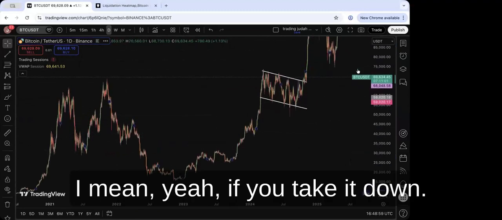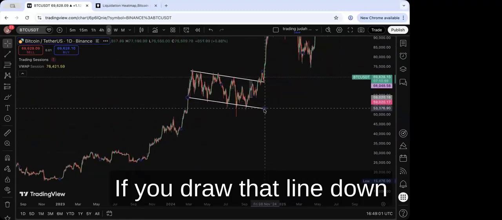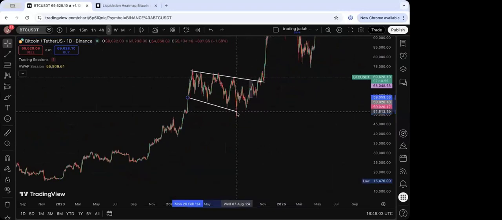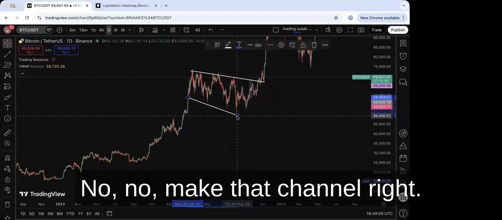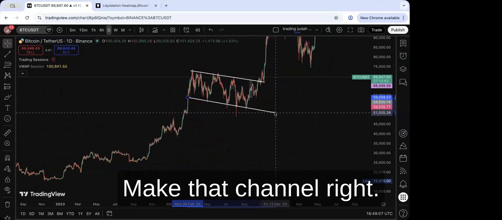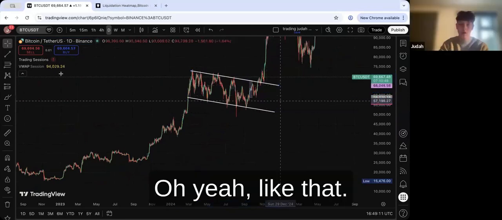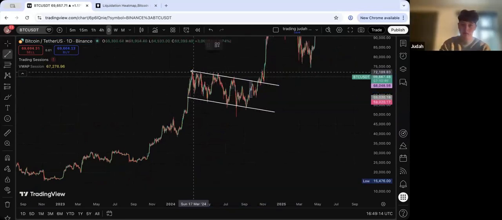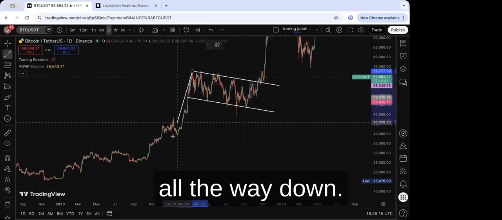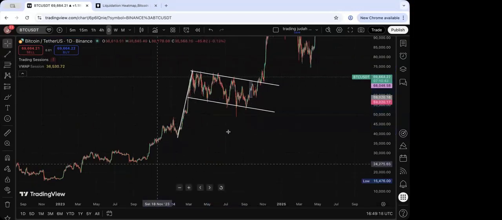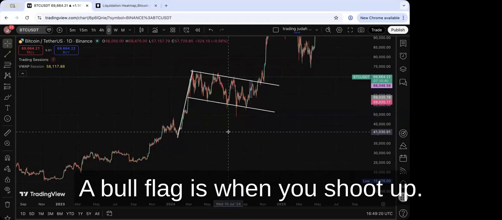If you draw that line down on the left-hand side, make that channel, and then make the line to make the flagpole. Yeah, like that, because this is the basics. A bull flag is when you shoot up.